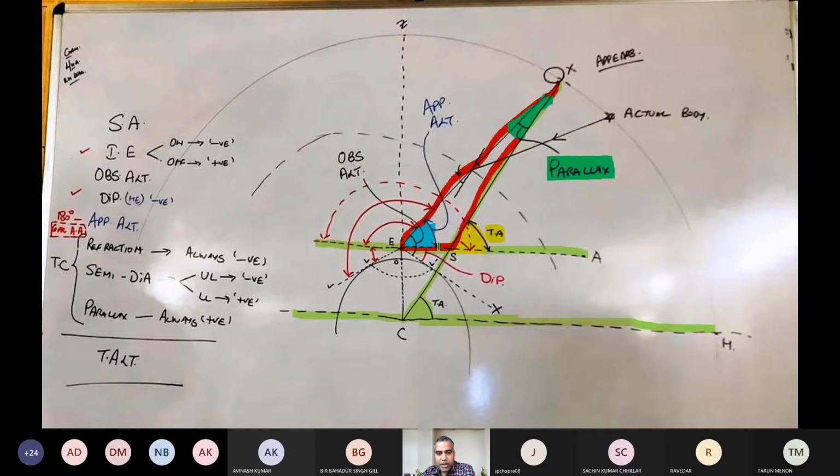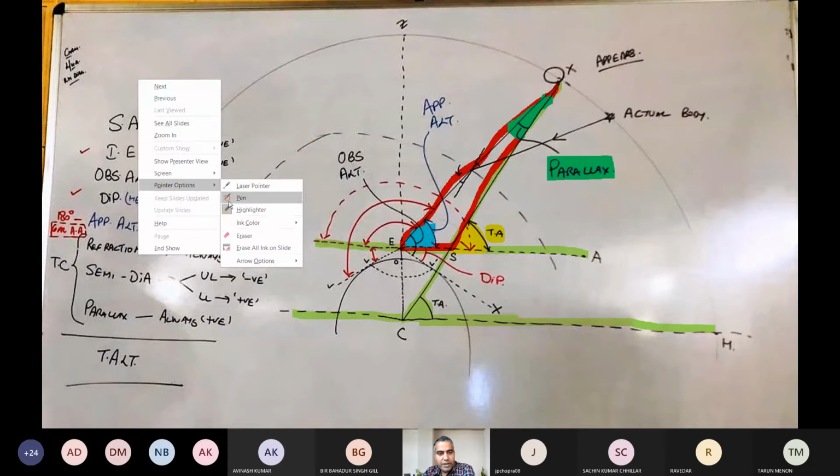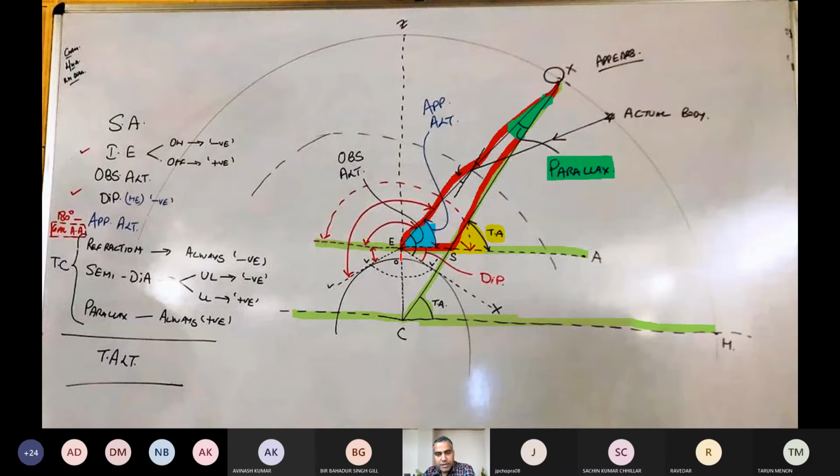And the blue color angle which we see here, how can we obtain this blue color angle? We have our observed altitude which goes up to visible horizon. Now somehow if we are able to find, let me highlight this angle, if we are able to find this red color angle here, which is basically the angle between the sensible horizon and the visible horizon, this angle I'm talking about.